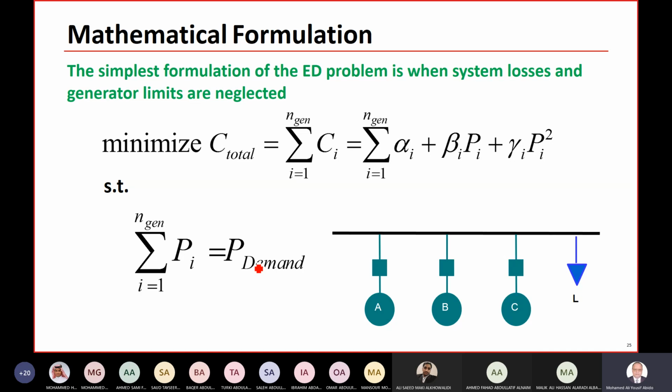So the simplest formulation of the economic dispatch is as such: minimize the cost, the summation over the number of generators, where each cost is a function of its power output, subject to the summation of generation equal to the demand.